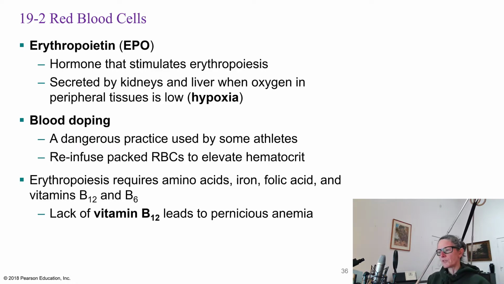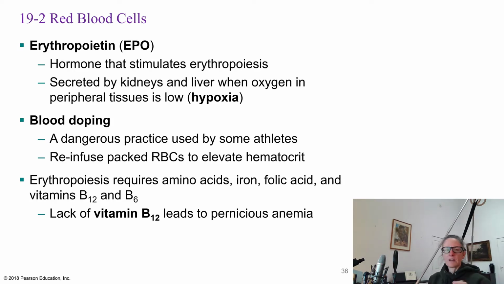Some athletes, especially distance athletes, it was especially prominent in Tour de France riders, people who would do these long bicycle races, sometimes marathoners and so forth, would withdraw their blood and freeze it and allow their body to make more red blood cells and get back to normal. And then they'd inject the blood that they had taken out earlier into their circulation. So they would have more red blood cells and supposedly more oxygen carrying capability.